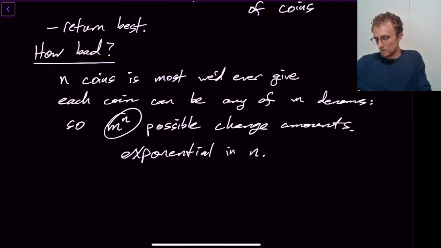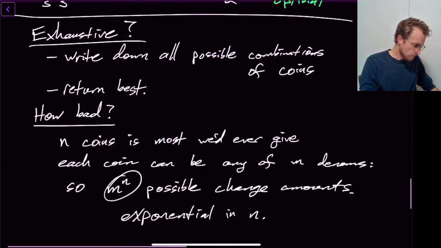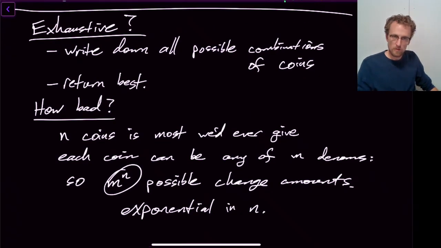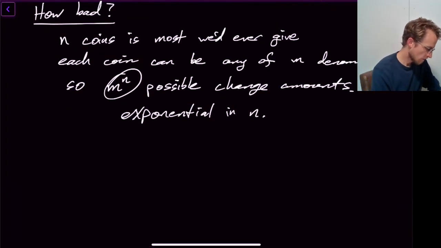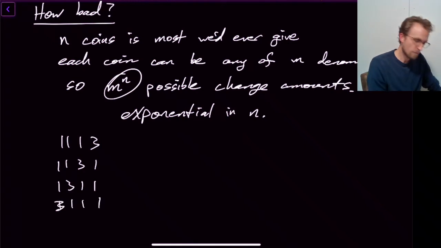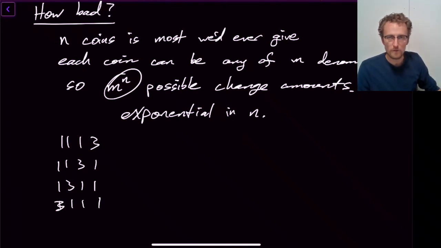So how do we get better here? Well, we could think about trying to improve the exhaustive search. We could think about a couple different aspects of this that are really inefficient, like kind of silly inefficient. For example, exhaustive search is going to write down that, and that, and that, and that, as 4 different possible change amounts for 6.